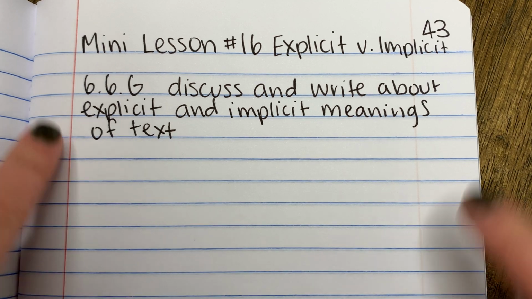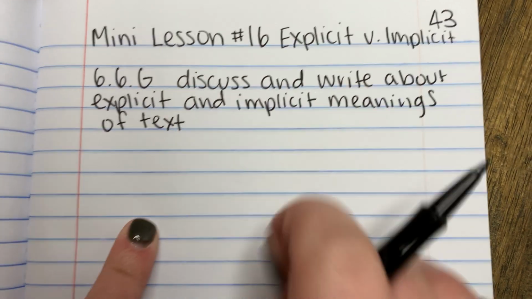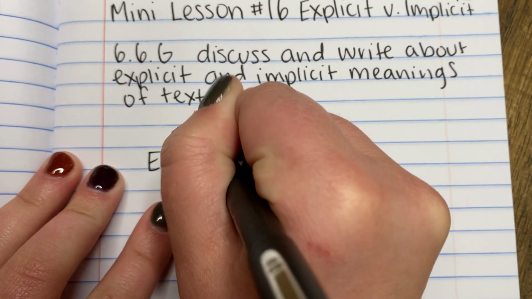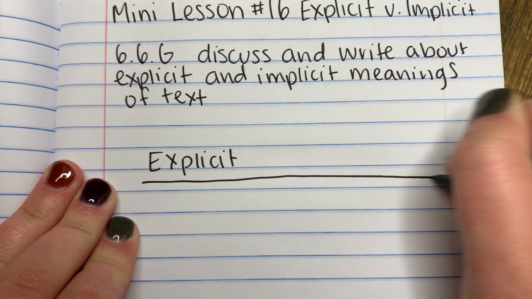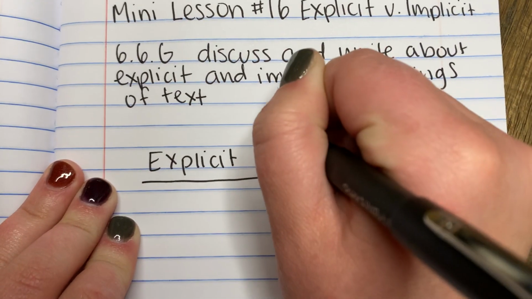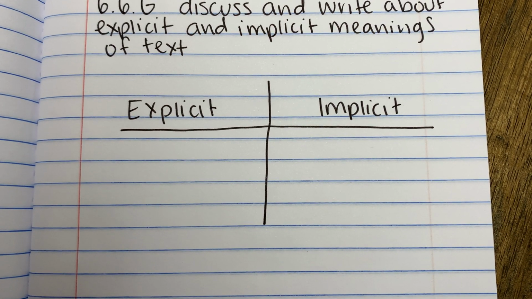Okay, so we're going to make a T-chart because we're going to define what explicit means and what implicit means, okay? So the first one you're going to put is explicit. Then we have implicit. And then we're going to draw a line down the middle. It doesn't have to be a big T-chart, just a little T-chart.